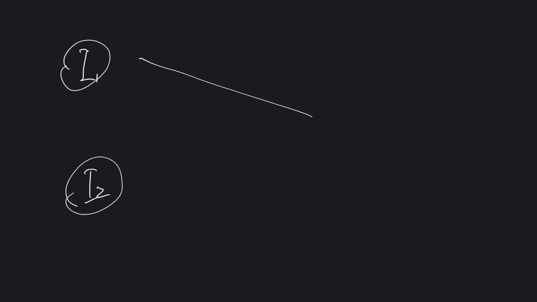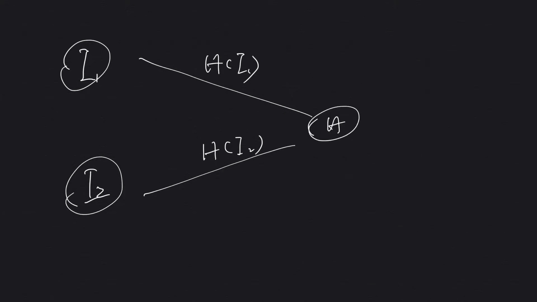Collision-free here means, given two inputs, input 1 and input 2, where the hash values of input 1 and input 2 are the same, nobody can find such inputs.